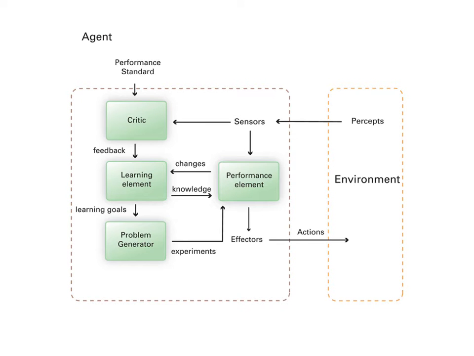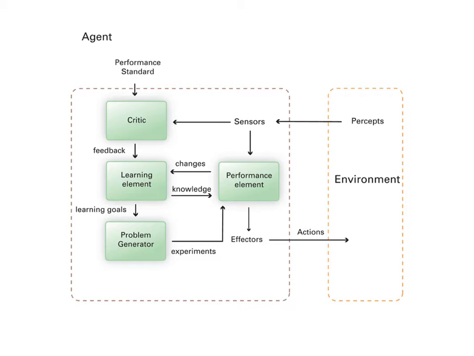So let's look at this. It's a little bit different layout this time, but percepts come in, as always, from the environment on the right. They hit the sensors. And then, this being a supervised learning type scenario, there's also pre-baked-in performance standards, which is I want to minimize my error. So the critic is what will assess whether or not there was error in our decision making and our predictions, right?